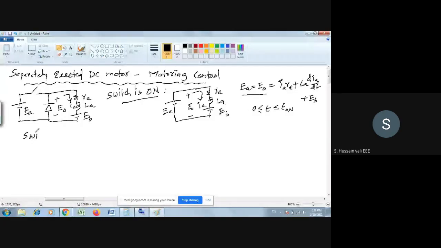Now when the switch is off, in the sense the time duration is T on less than or equal to t less than or equal to capital T, the total time period. In that case, when the switch is off, the diode becomes forward biased, so it becomes a short circuit.